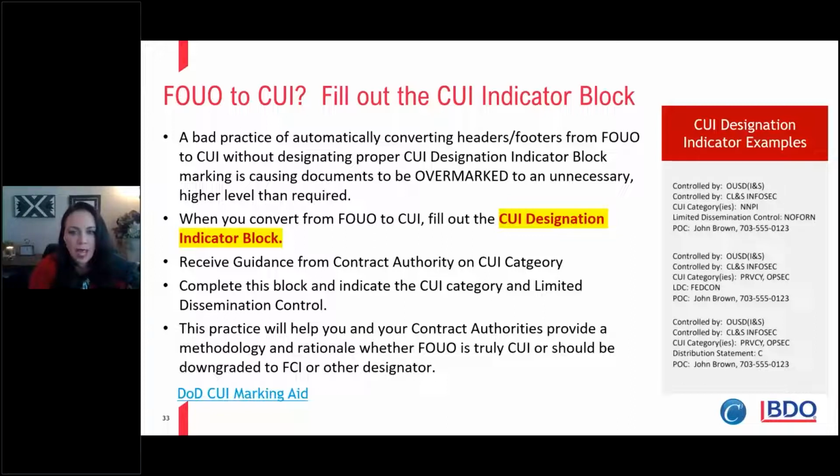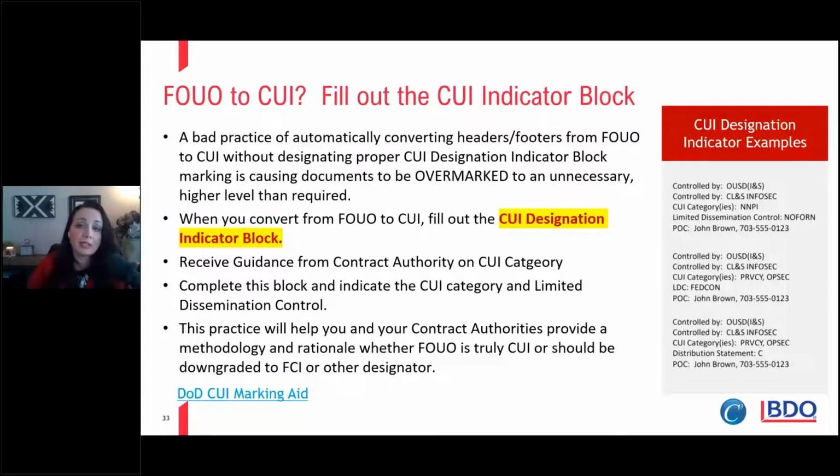It has different CUI categories for some of these different designation blocks. Now, this information has to be provided to you in terms of the contract. So it is a bad practice for anybody to be automatically converting headers and footers from FOUO to CUI without going through a CUI exercise and filling out the full designation indicator block.